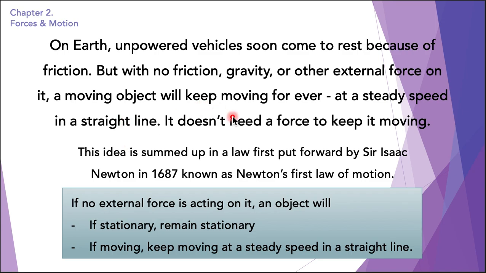This idea is summed up in a law first put forward by Sir Isaac Newton in 1687, known as Newton's first law of motion. The law states that if no external force is acting on it, an object will, if stationary, remain stationary, and if moving, will keep moving at a steady speed in a straight line. This is known as Newton's first law.